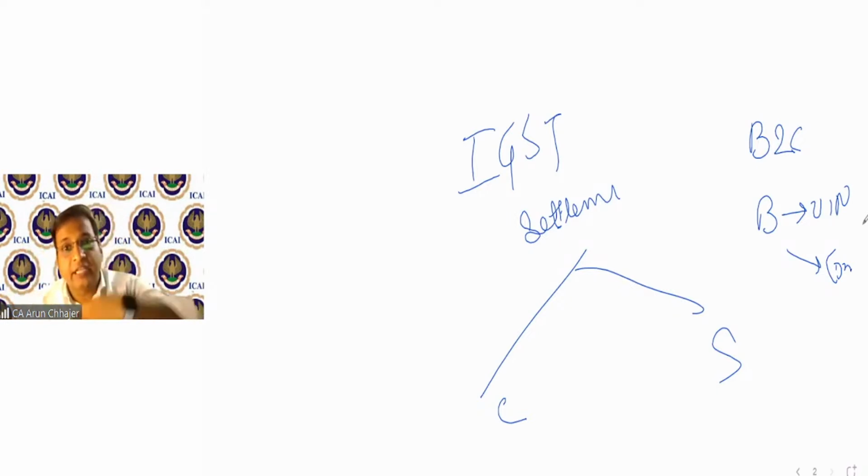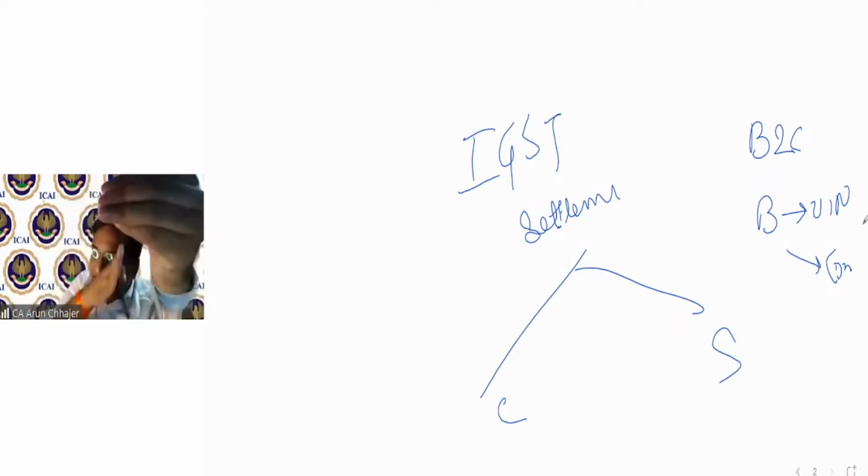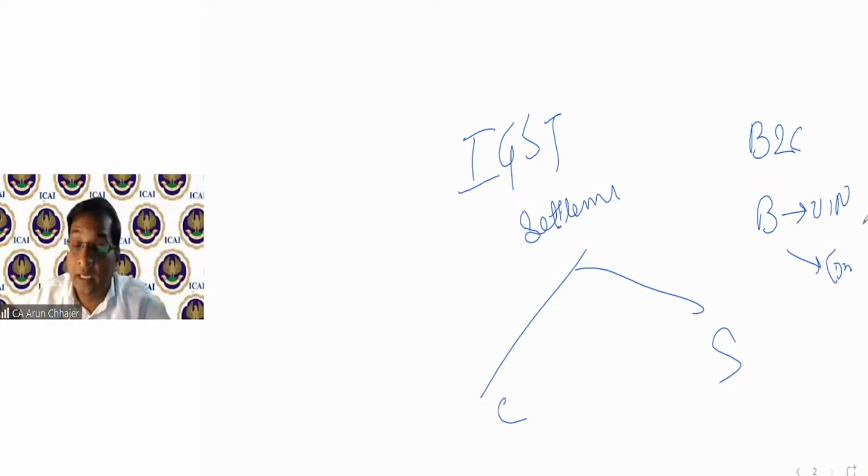When I make a sale to, let's say, you, and you are not registered, then the chain is broken and the ITC chain will not continue. In that case, you, being an unregistered person or UIN or composition dealer, cannot take the ITC. So whatever tax I have charged will be distributed between the center and state. Now this is for the sales part. Now I'm talking about the ITC part.